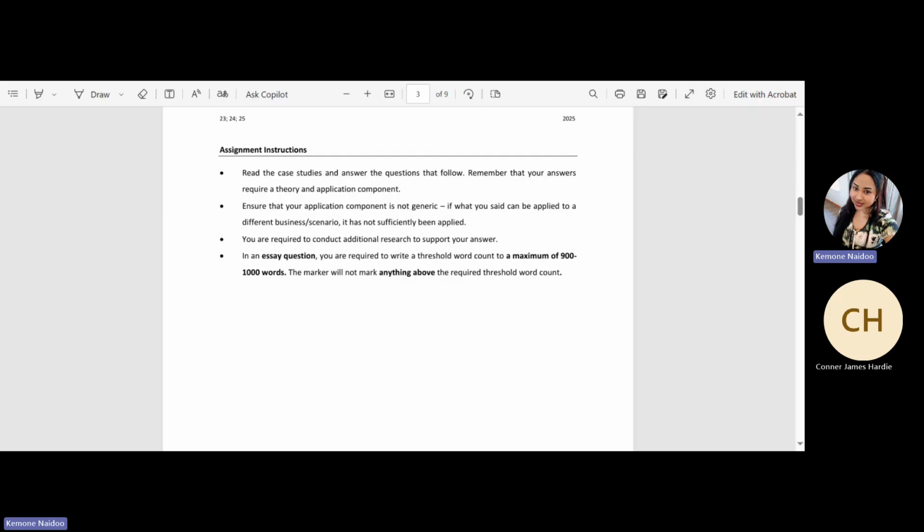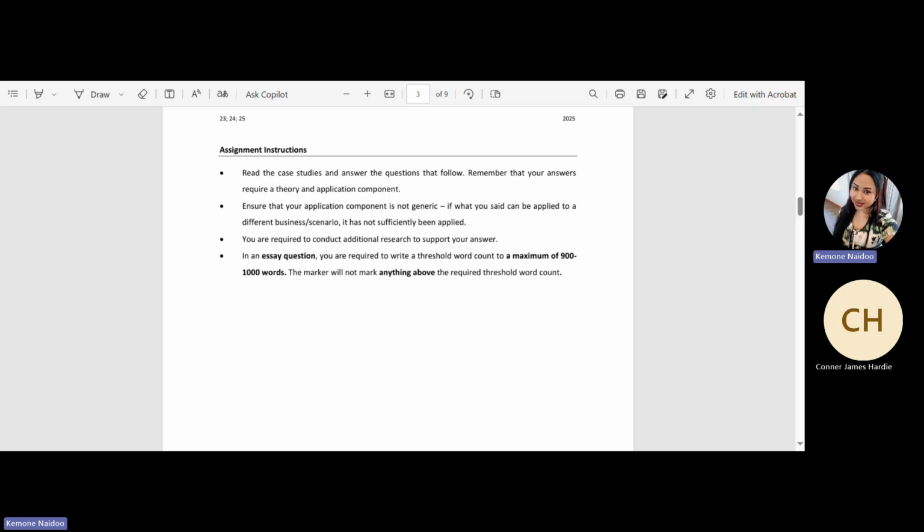If you've used other examples, that's fine too. If you want to explain a little bit more using a different example, that's okay. But always form a relation back to the case study, because every question does ask for an example from the case study or to show application with regards to the case study.